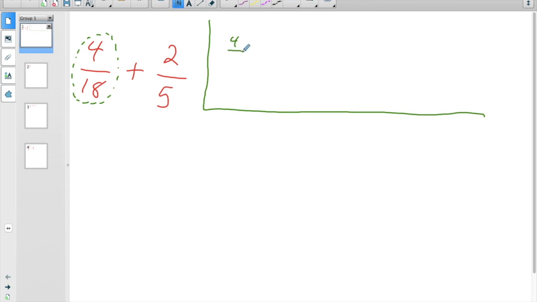So 4/18 is equal to 2/9. Okay, so essentially the question that we're looking at is 2/9 plus 2/5. Now, we need a common denominator.